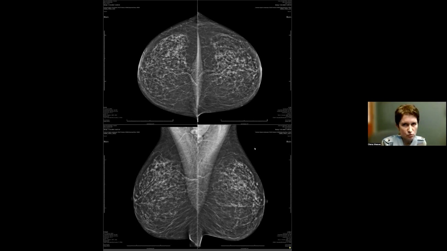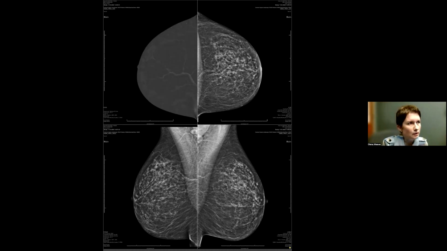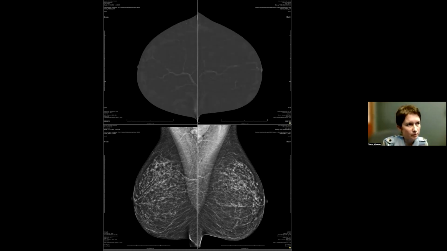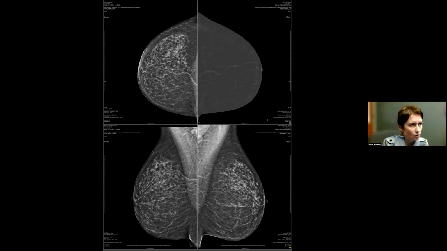The same way you can scroll from low energy to recombine images, and you will notice that the anatomy really perfectly overlaps. So let's say on the top, we have craniocaudal images. You can toggle to recombine images, and you can immediately see, for example, that these vessels perfectly match the vessels on low energy images. And that's how you know that you're exactly in the right place.